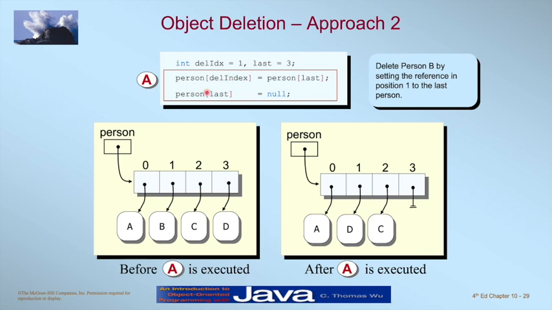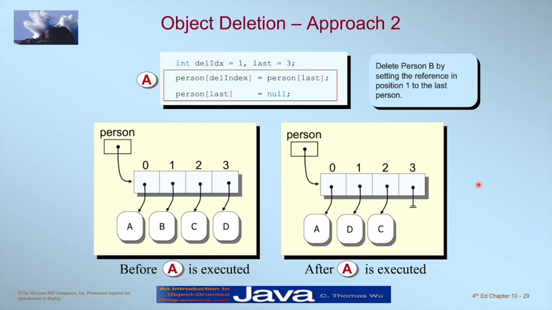Before we execute this, we have this array, right? After we execute this line of code, it will replace this value D to the first index, and then the last one is set to null.